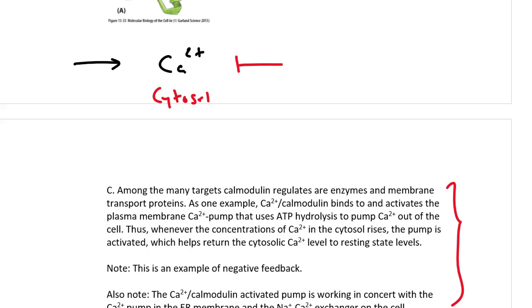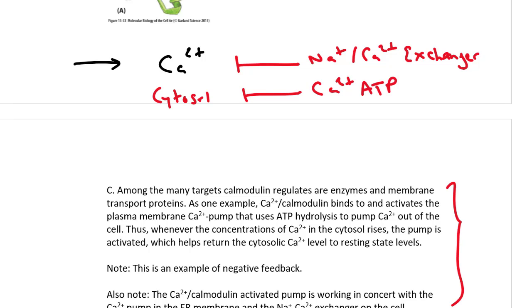You had negative feedback coming in from the sodium calcium exchanger and antiporter on the cell membrane. And you also had another one, which was the calcium ATPase, which is a pump on the ER. So this is ER membrane, and this is the cell membrane.